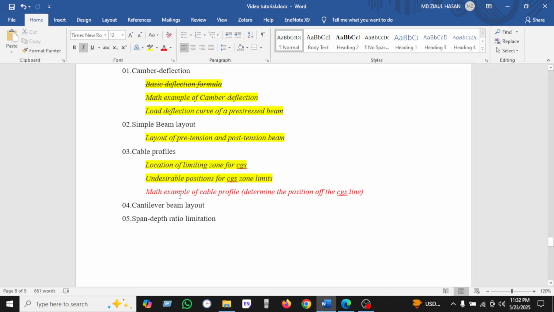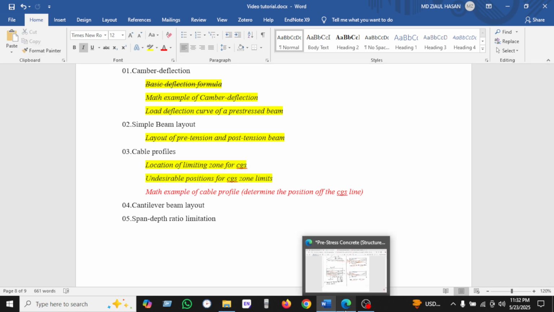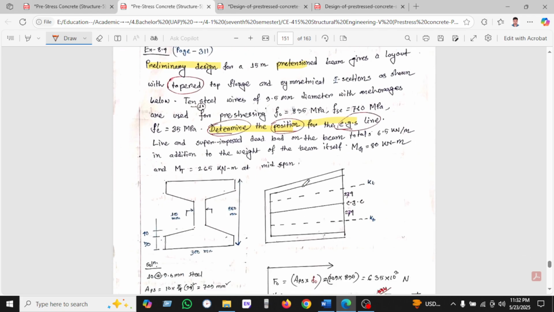So now we can show the math example of a probable profile, determining the position of the CGS line. So let's see. At first we can read the question.